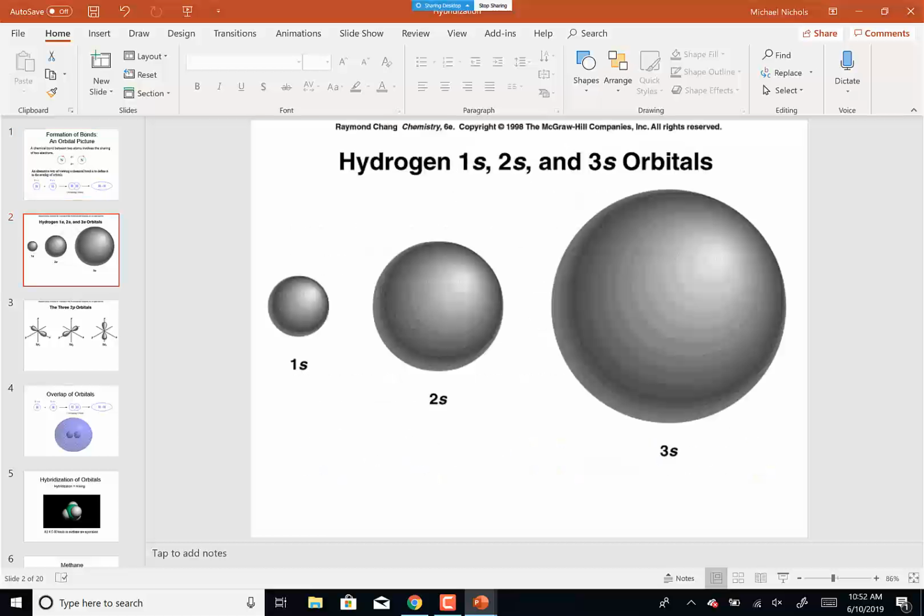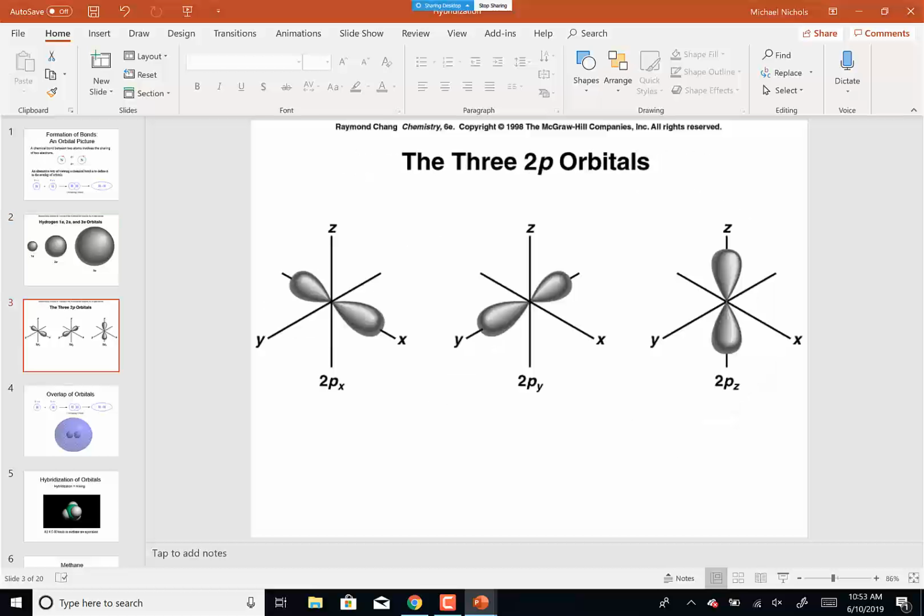Then we can say, okay, remember that s orbitals are spherical, and the farther the valence electrons get away from the nucleus, the bigger the sphere. And what tells us how far away the electrons are? That's the row number. And then we have p orbitals, and p orbitals are dumbbell-shaped orbitals that can be oriented in the x, y, or z plane. There is a nodal plane between them.